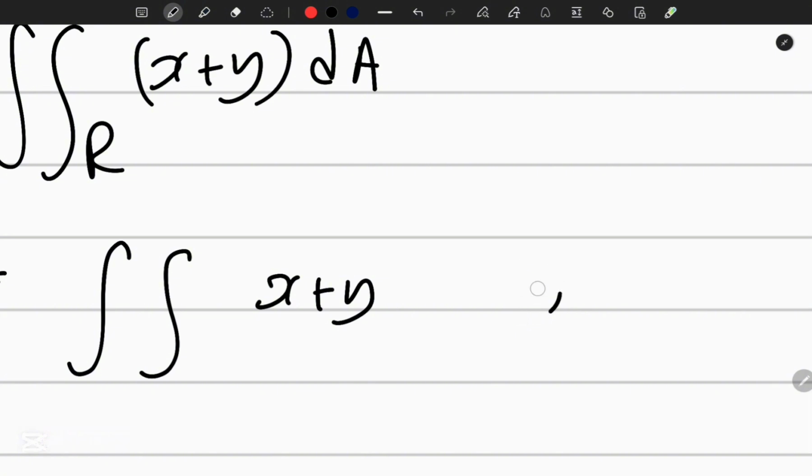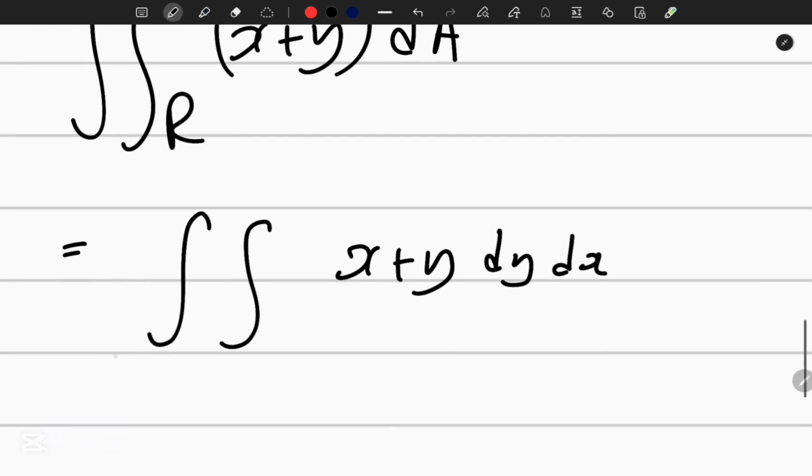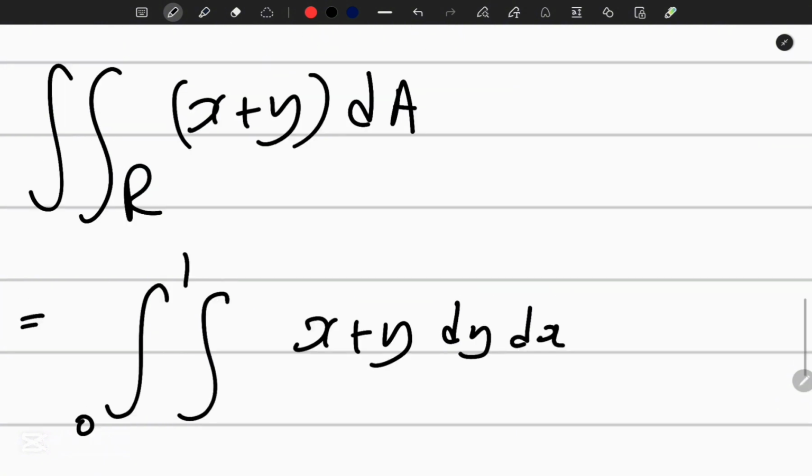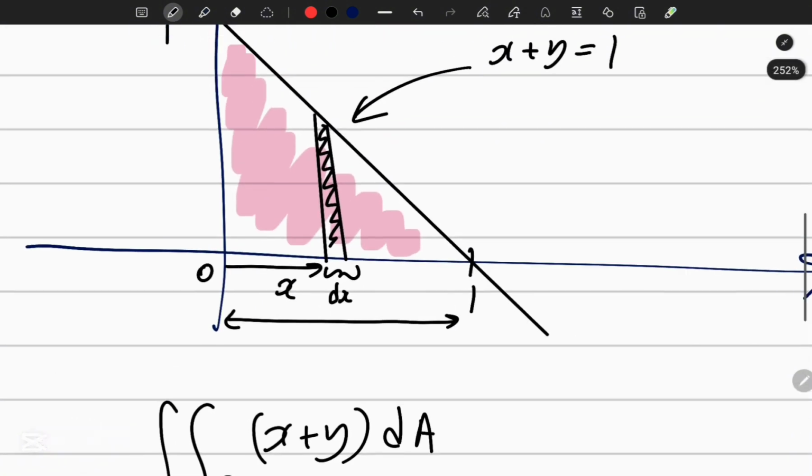First I will integrate with respect to y, so this is dy. Then I will integrate with respect to x, where x is going from 0 to 1. So the x limits are okay.